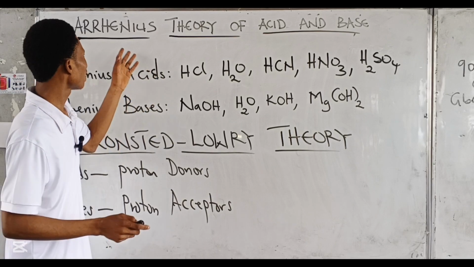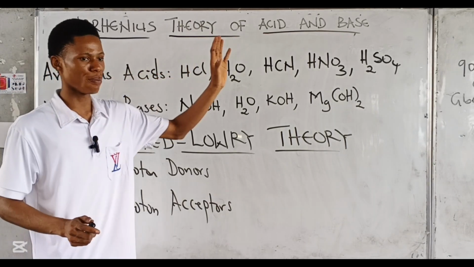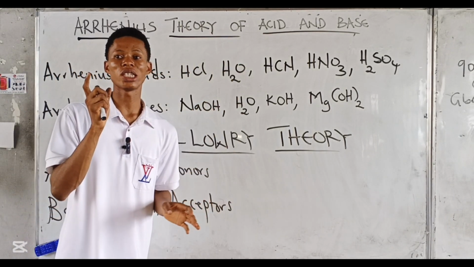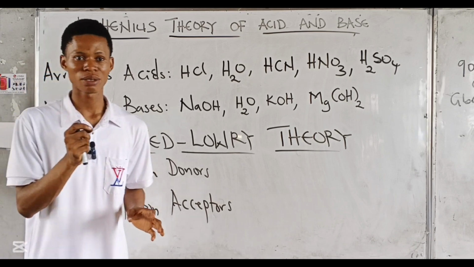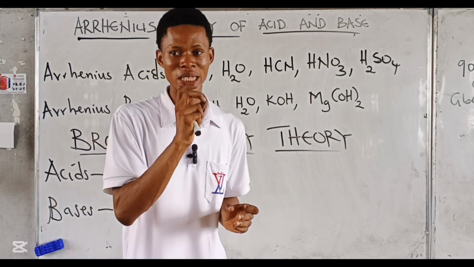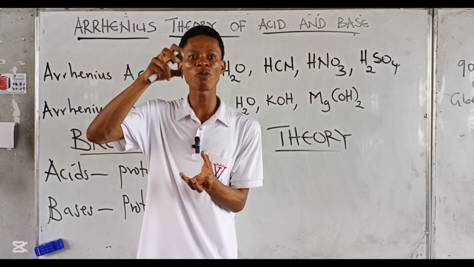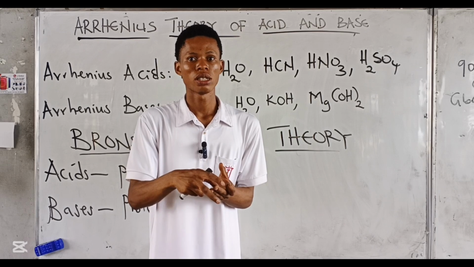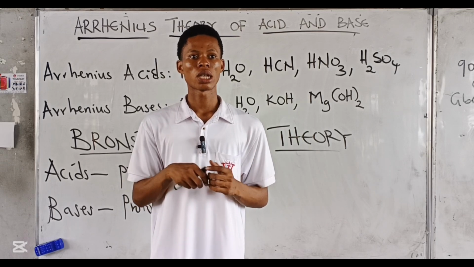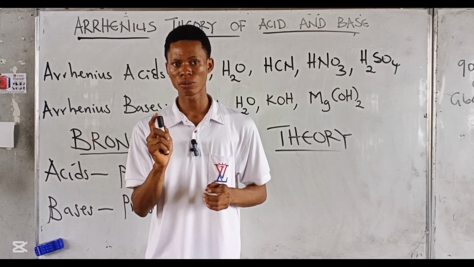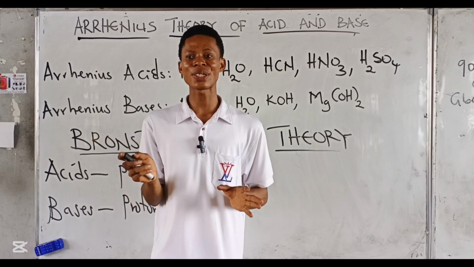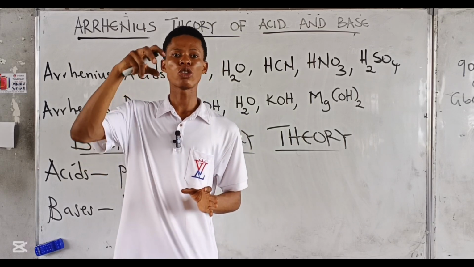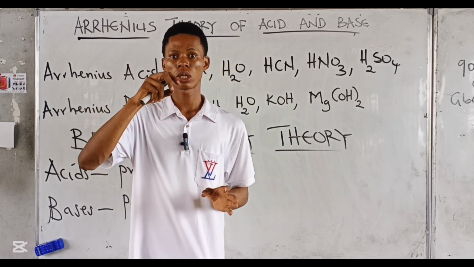First, let's look at Arrhenius theory of acid and base. Now, Arrhenius defined an acid as any substance that when dissolved in water produces what? Hydrogen ion. So Arrhenius acid is any substance that when you dissolve it in water, it will produce what?